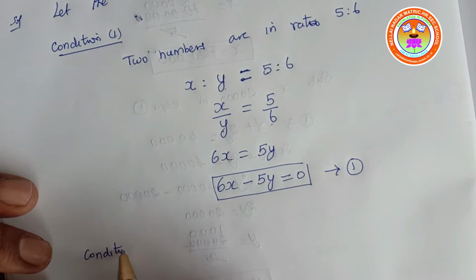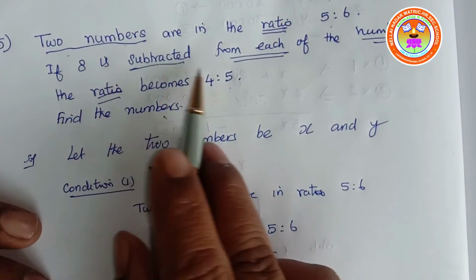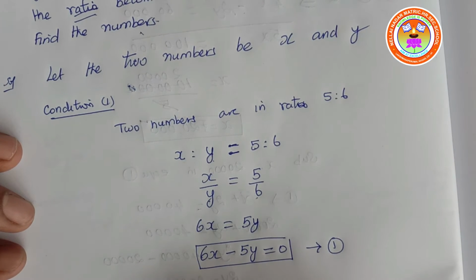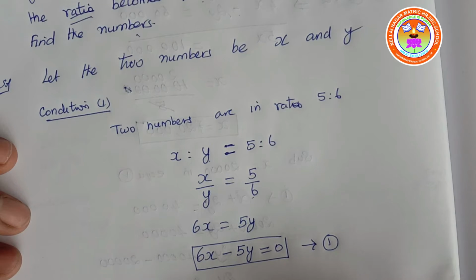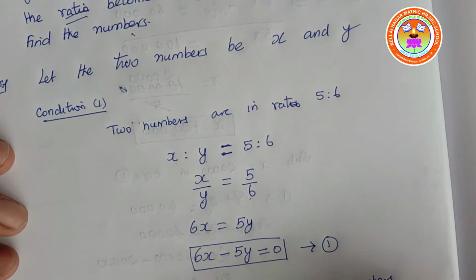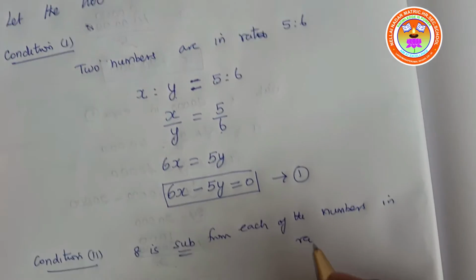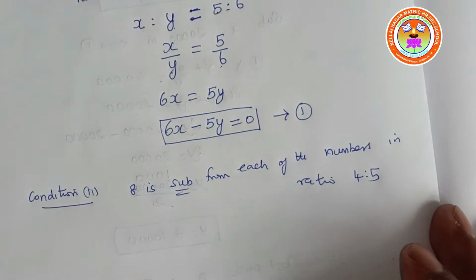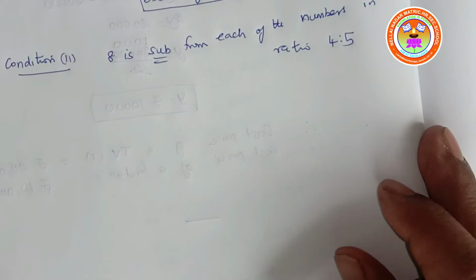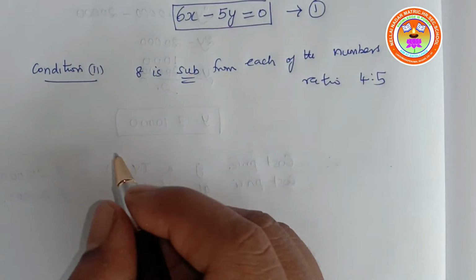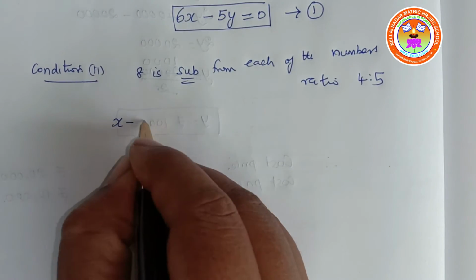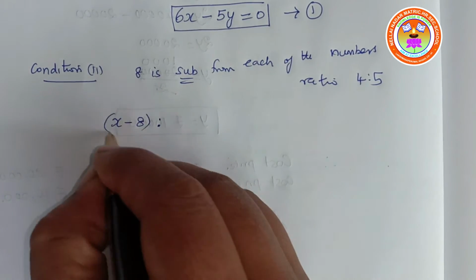What is condition 2? If 8 is subtracted from each number, the numbers are in the ratio 4:5. It's clear, children. Now 8 is subtracted from both numbers, so I consider the first number as x minus 8 and the second as y minus 8.